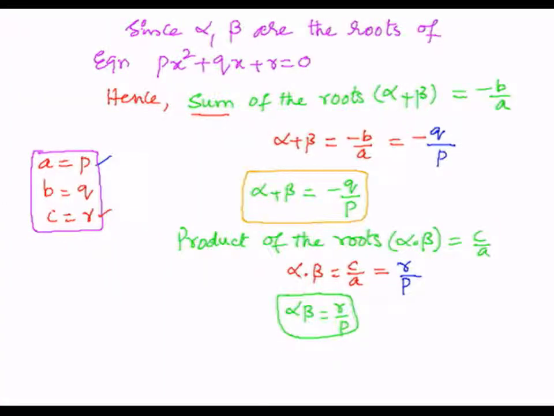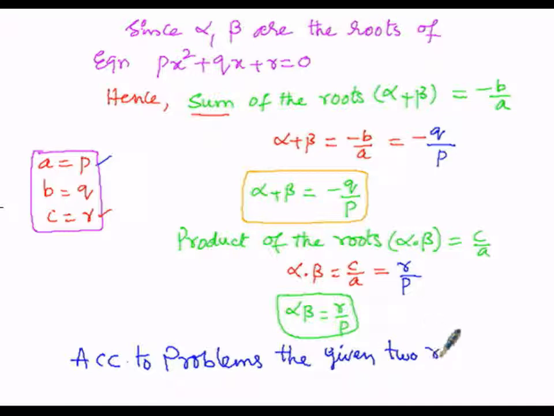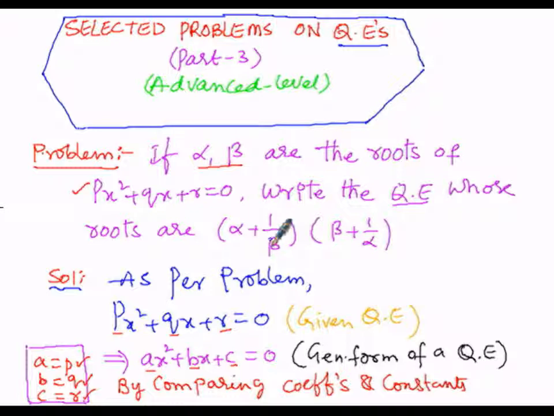Now according to the problem, the given two roots are: one is alpha plus 1 by beta and the second one is beta plus 1 by alpha.